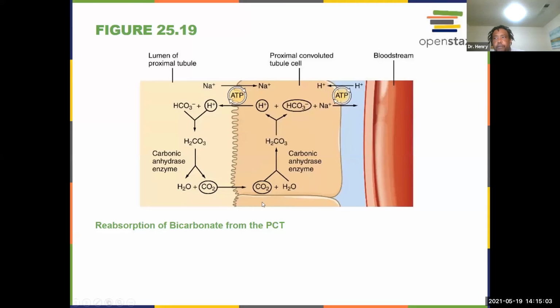That carbon dioxide that gets absorbed reacts with the water, and then it remakes that carbonic acid, and then that carbonic acid makes the H+ ion and the bicarbonate. And then the bicarbonate is going to be secreted back into the bloodstream.